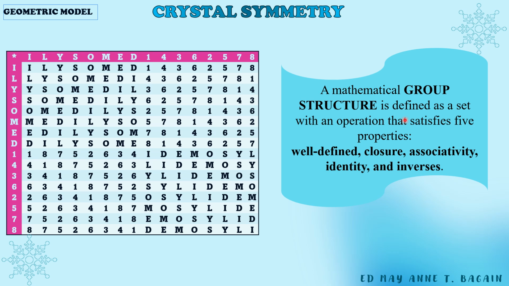After completing the table using the 16 symmetries, all we need to know now is if this forms a group structure. We need to satisfy 5 properties: well defined, closure, associativity, identity, and inverses.